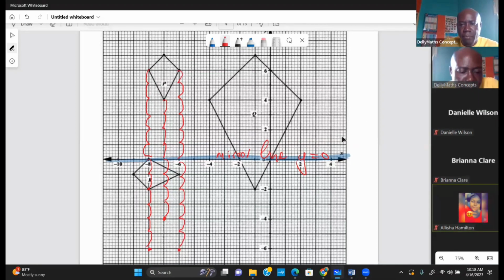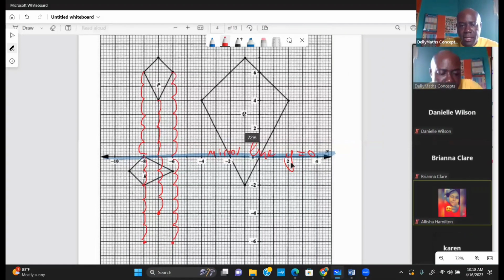The next one, let me minimize this. Let me change the color. 1, 2, 3, 4, 5, 6, 7. It's going to fall 7 below it. And you could see right there.